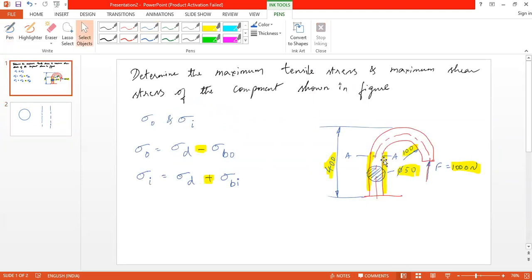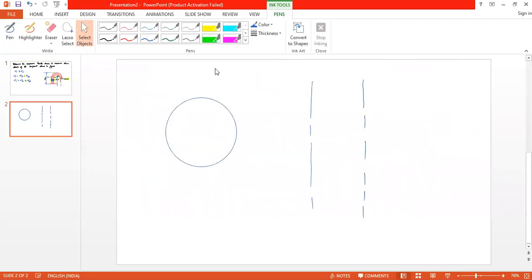If you look at the figure, this is the cross section area. We need to find out the maximum tensile stress and maximum shear stress. So the center line is here, whereas the load line is here. This is the center line of curvature, and this is the load line. Here it is upward, that is equal to 1,000 newton.